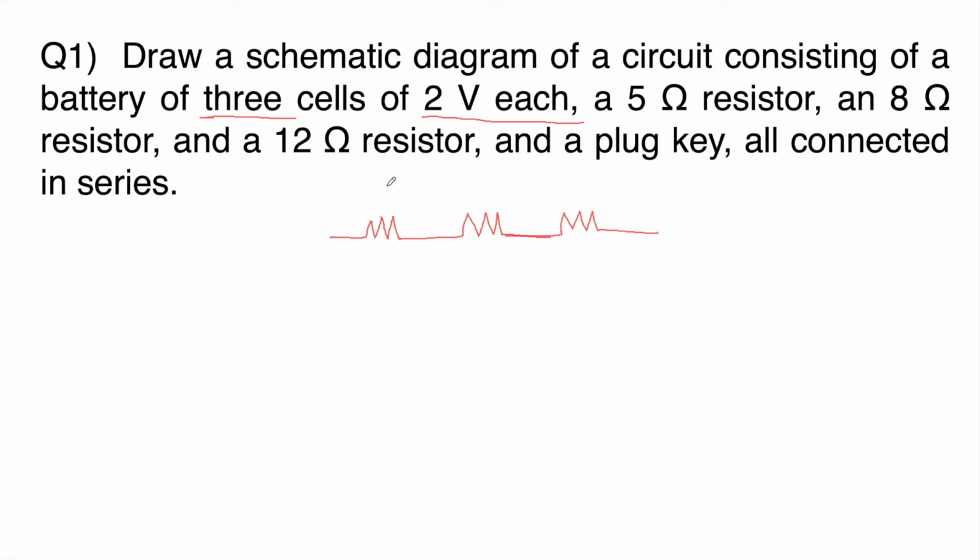This is 5 ohm, this is 8 ohm, this is 12 ohm, and it should be connected to a 6 volt battery. Okay, so this is 6 volt and a plug key is also connected.